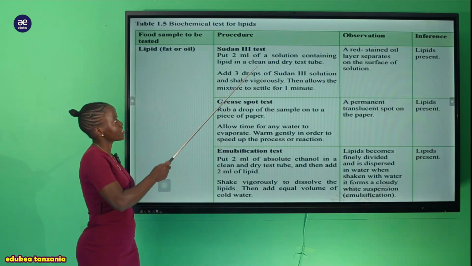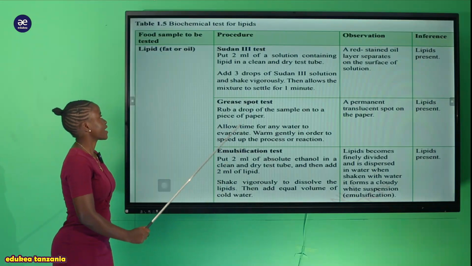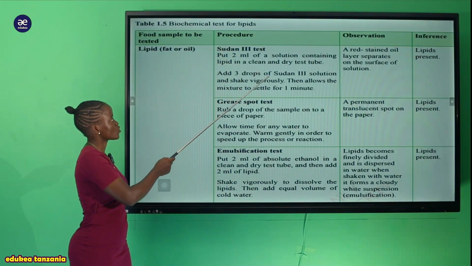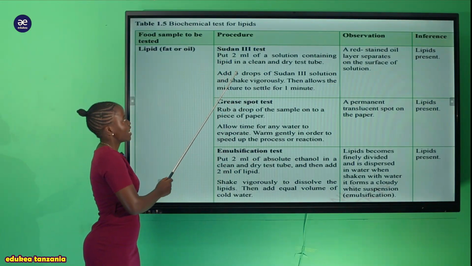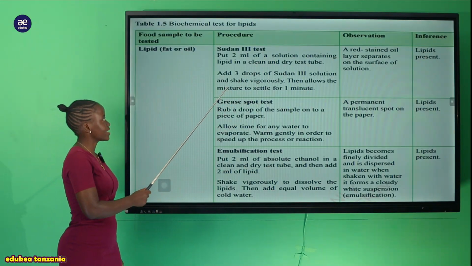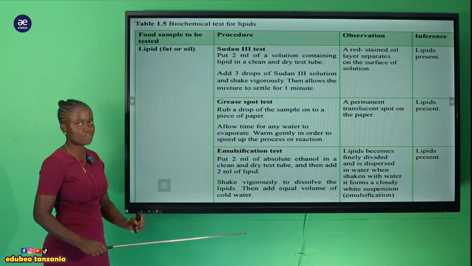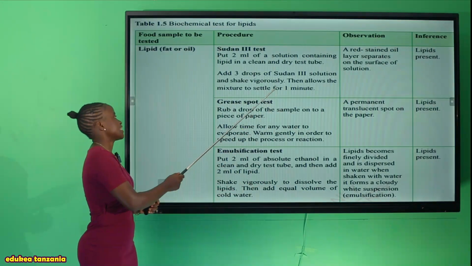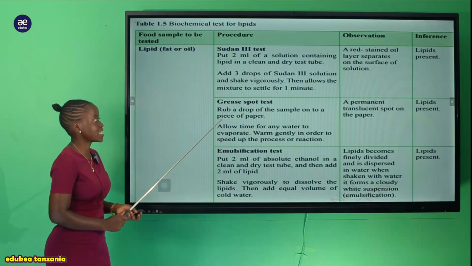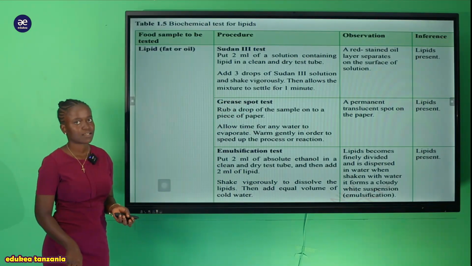By using Sudan III solution or the Sudan III test, you put 2 ml of a solution containing lipid in a clean and dry test tube. Then you add 3 drops of Sudan III solution and shake it vigorously. Then allow the mixture to stand for 1 minute.